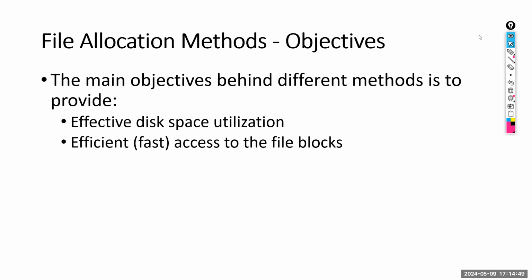The main objectives of file allocation strategies by the OS are, first, to effectively use the disk space and not waste it. Also, it wants to make sure that the OS can quickly access, update, delete, or retrieve data as fast as possible, because otherwise users will face delays.